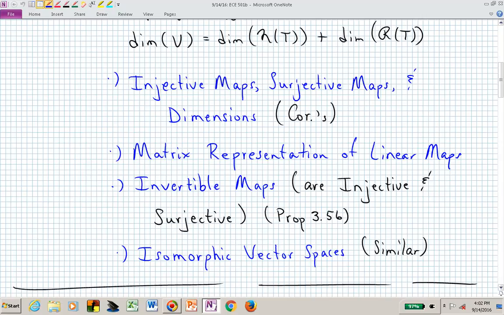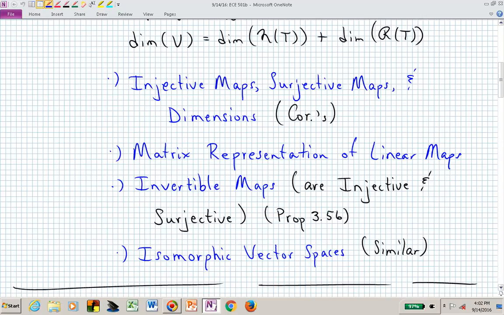And then we may or may not get to the next few lines of goals, but this gives you an idea as to where we're headed. We'll start trying to represent some of these maps in the form of a matrix representation. We'll talk about invertible maps, which means they're one-to-one and onto, or they're injective and surjective.